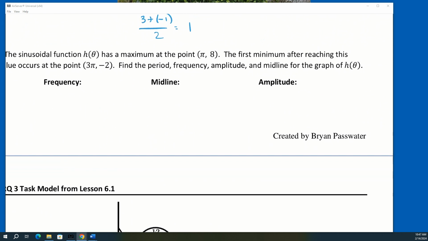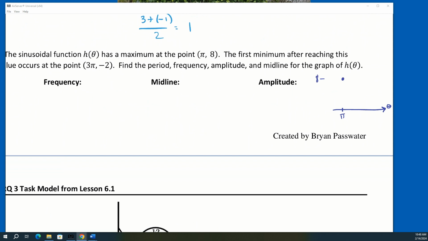So I'm going to come over on the side and I'm just going to do a little graph. So this is my theta axis. And I know when theta is pi, I have a maximum up whenever h is 8.